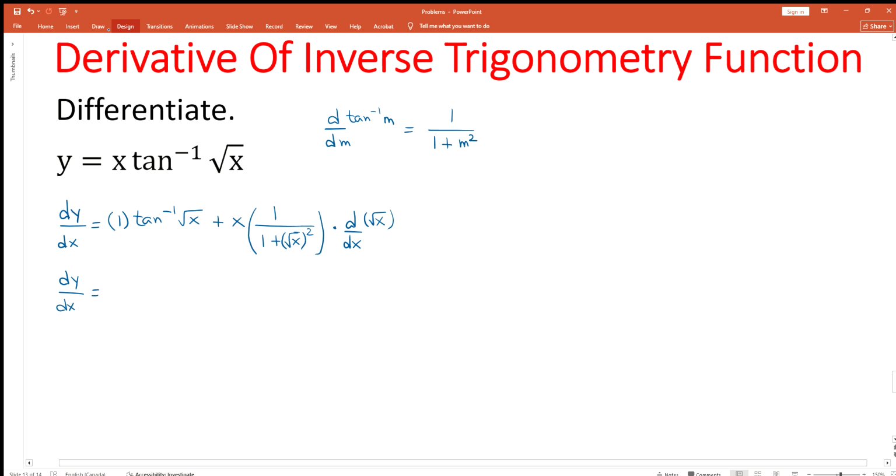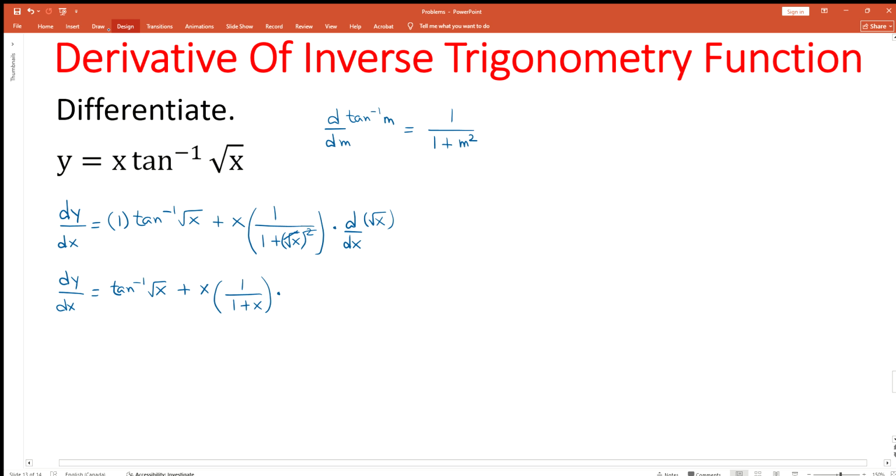1 times tan inverse square root x is just tan inverse square root x. In the denominator, square of square root x is just x. The square and the square root cancel each other out. So we get 1 over 1 plus x.